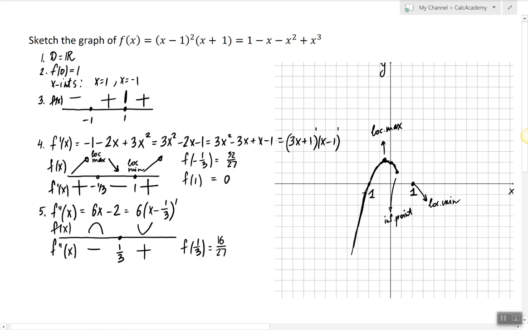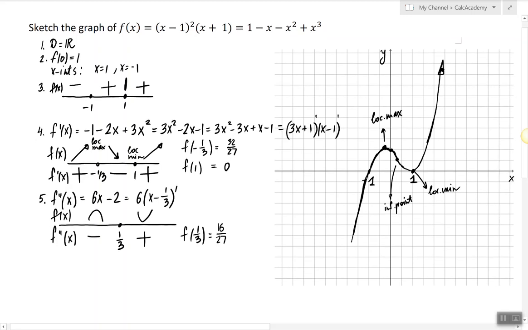So it's from concave down, now it becomes concave up, goes to 1, where it bounces off the x-axis and goes back to infinity. So this is how we use calculus to sketch the graph of a polynomial function.